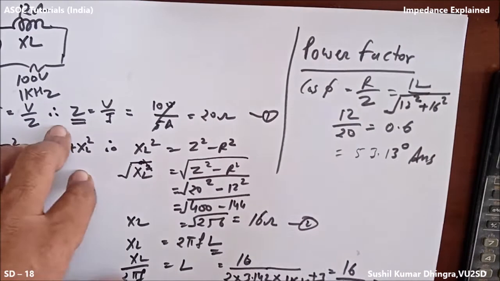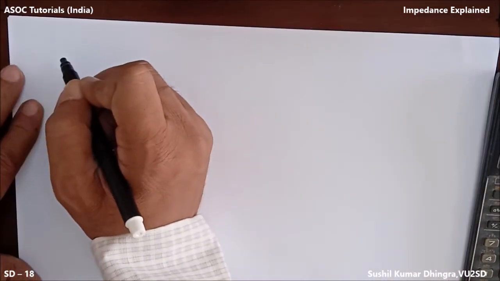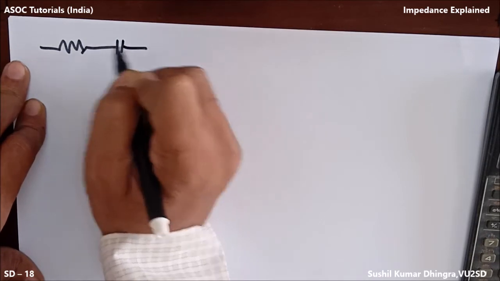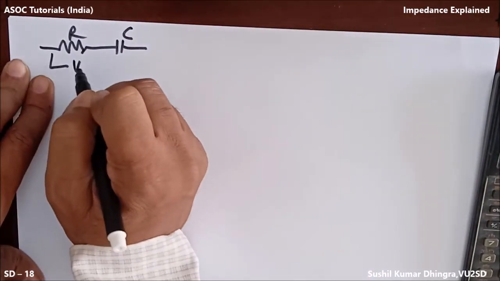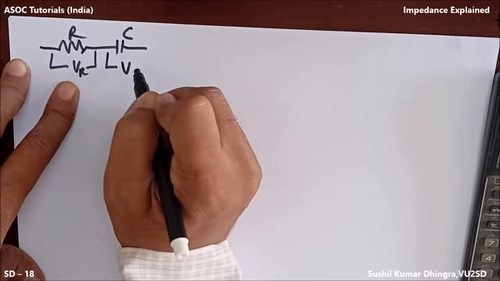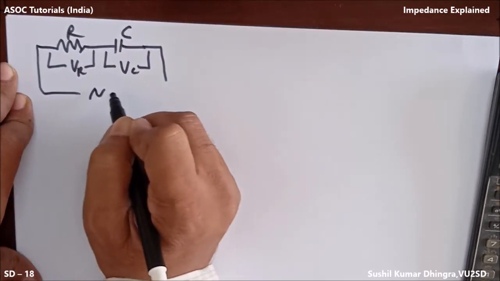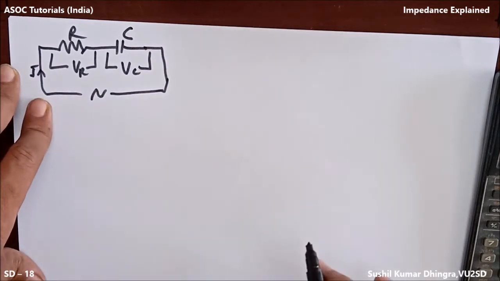Next one is resistance and capacitance, R and C. This is voltage across resistance, and this is voltage across capacitor, and in the same way we give an AC supply, and of course I is flowing through it.